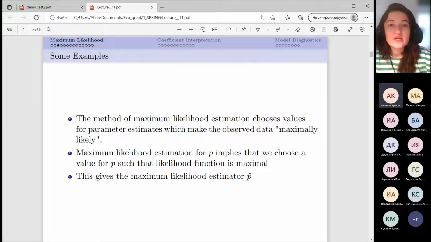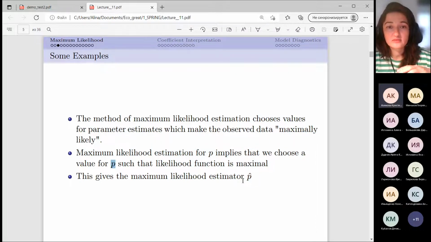So what we just need to find is the unknown parameter, this one. And maximum likelihood estimation for p implies that we choose a value for p that maximizes the likelihood function.